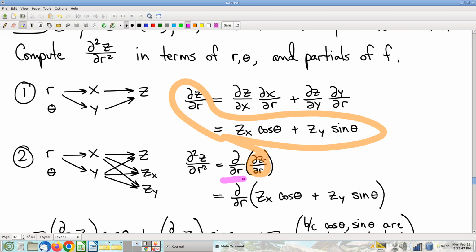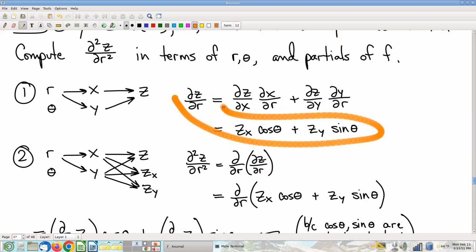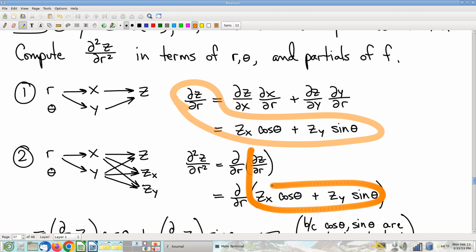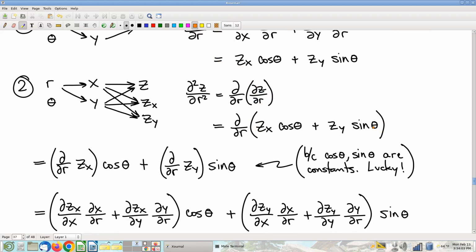Okay, now we do get lucky in one way. By the way, let's recopy this. Plug in what we already know about the partial of z with respect to r. Lucky break, you won't always get this lucky, by the way, but let's get while the getting's good. Cosine theta, I claim, is a constant. Now let's think about why that's true. What is it about this that makes that a constant?